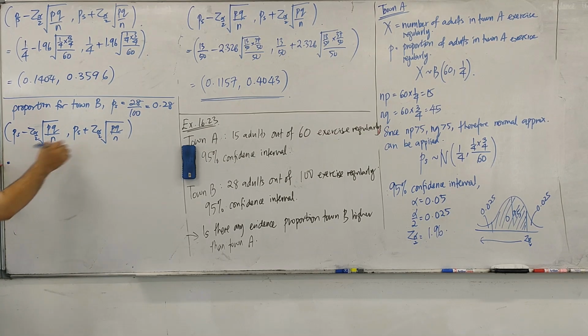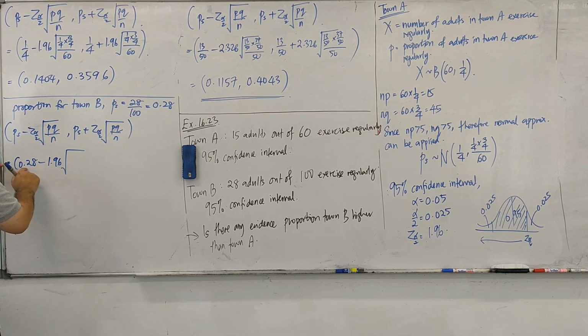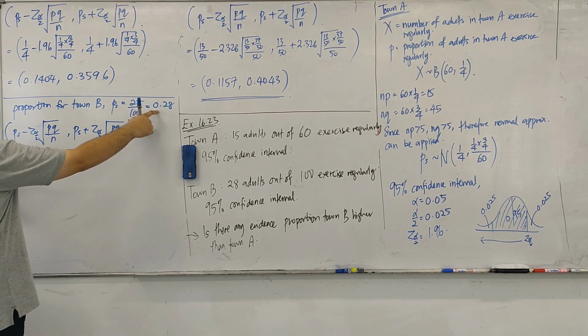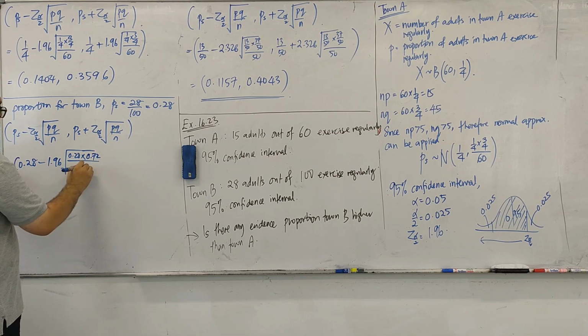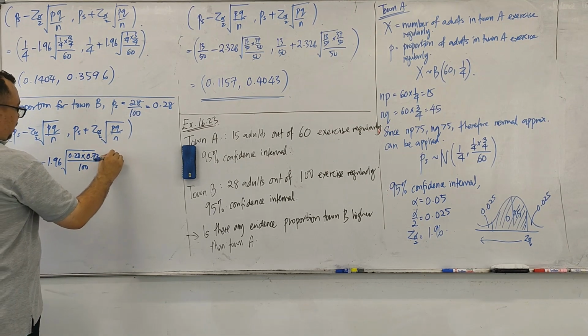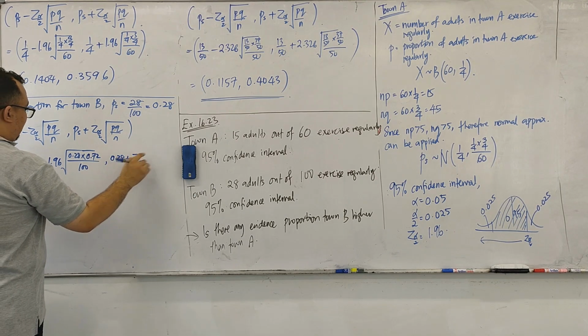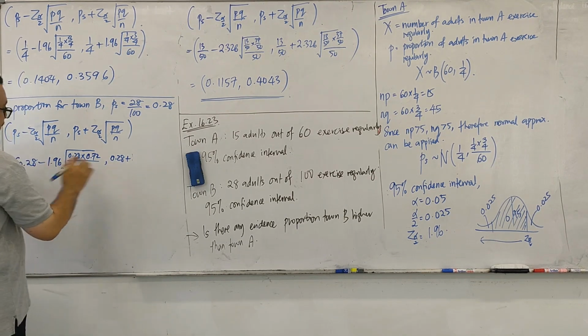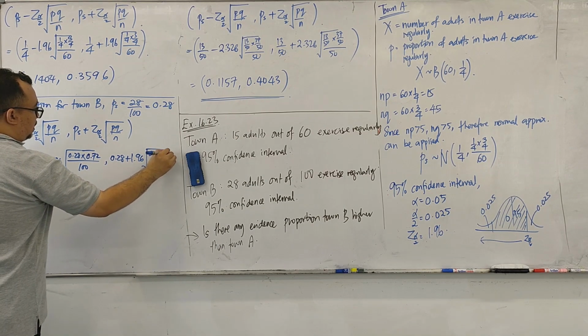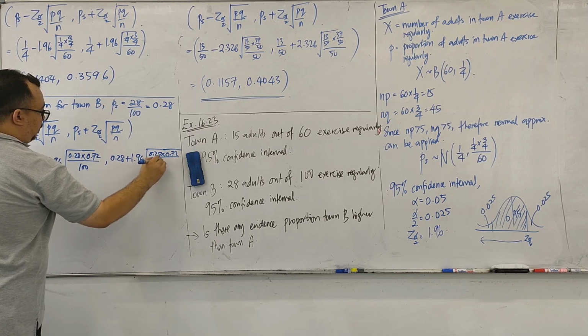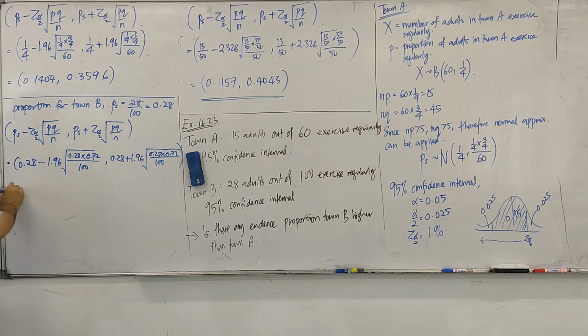Okay, so this one adalah 0.28 minus 1.96. P saya adalah 28, Q saya adalah 1 minus 0.28 which is 72, divide by 100. 0.28 plus Z alpha over 2 saya adalah 1.96, 0.28 times 0.72 divide by 100.